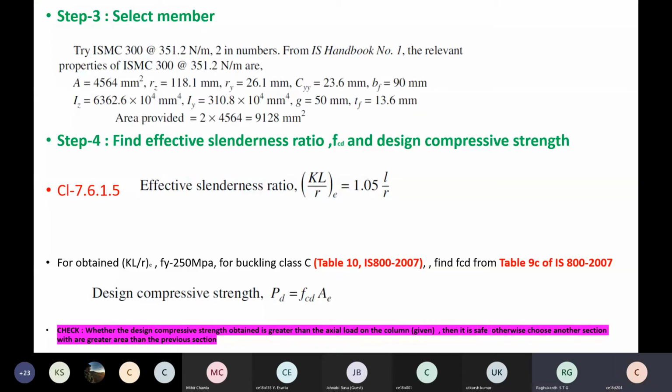I have attached the PPT also, so you can open your PPTs on your phone or something and see what the calculations are. So the effective slenderness ratio you calculated. Can anybody tell us the value?